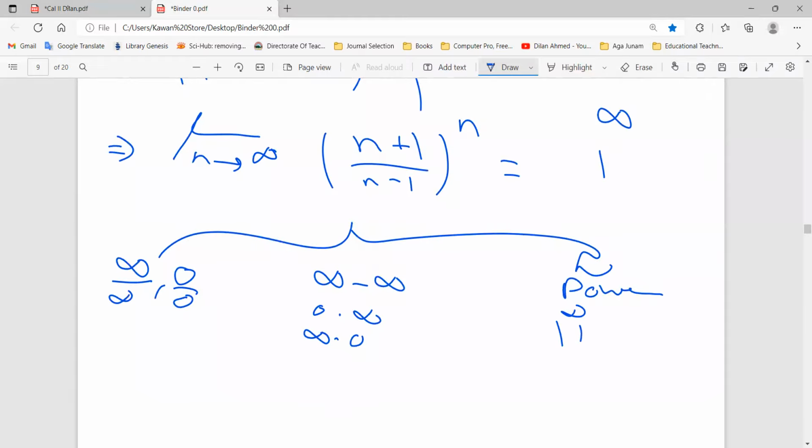It was 1 to the infinity, 0 to the 0, infinity to the 0, right? So which type is this one, and how do we solve it? By taking ln of everything, right? So we are going to solve that one step by step. Then later I'll give you an easy idea you can deal with, okay?